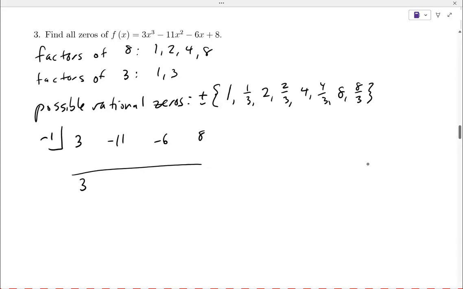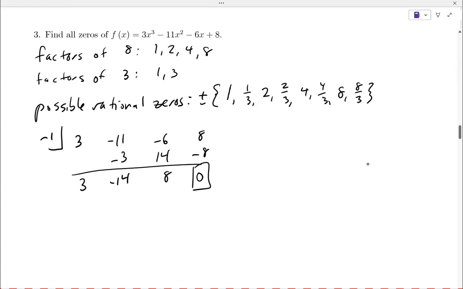Drop the first one and then multiply and then the other way. Add them, yep. And then multiply and add, and then multiply and add.